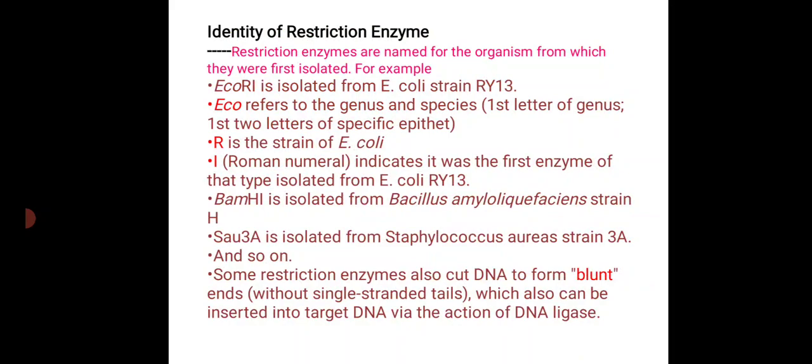I, the Roman numeral, indicates it was the first enzyme of that type isolated from E. coli RY13. Similarly, BamHI: BamH first is isolated from Bacillus amyloliquefaciens strain H. Sau3A is isolated from Staphylococcus aureus strain 3A, and so on.